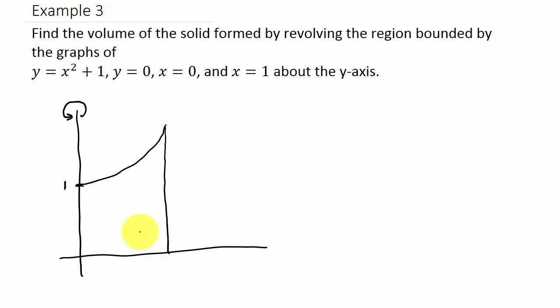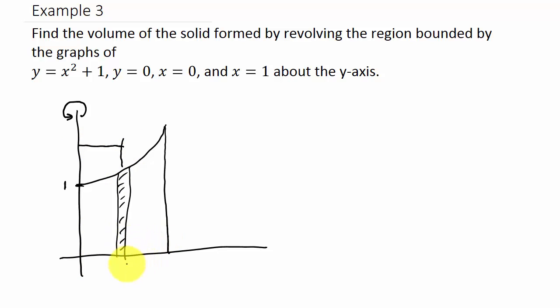So we draw a rectangle. Now we're revolving it about the y-axis, so we draw a rectangle in there parallel to that axis. Okay, so now we need the radius. So the radius is the distance from the axis you're revolving it about to the center of the rectangle.